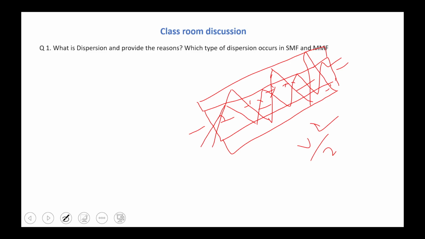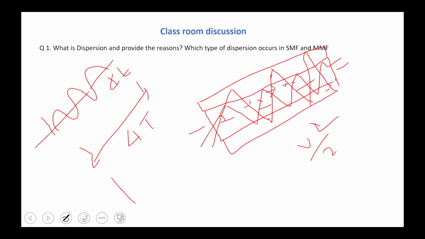Then in intermodal, if two signals travel and interfere, how can we minimize the pulse width and its duration? One pulse is traveling like this. It has delta t travel time. It has a bandwidth spectrum of delta t.